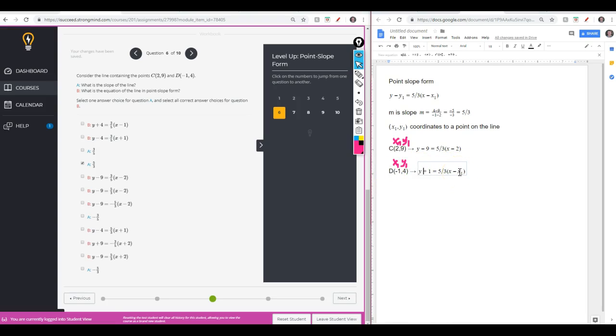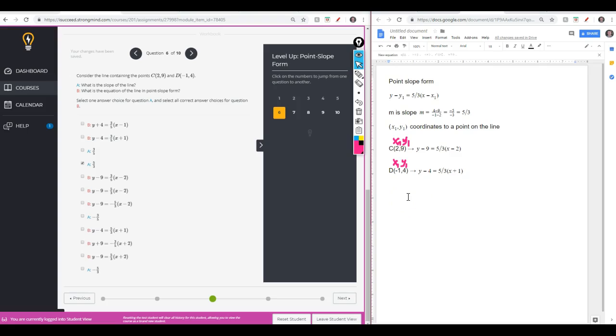And I apologize, that is incorrect because the y coordinate is 4. So y1 is going to be replaced with the y coordinate, which is 4. x1 is the x coordinate, which is going to be replaced with negative 1. So x minus a negative 1 is going to be plus 1. So that is the equation at that point for this line.